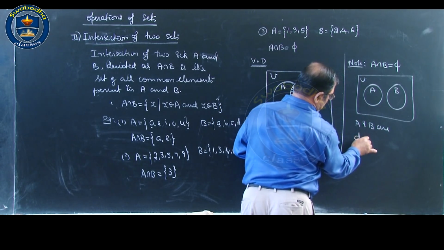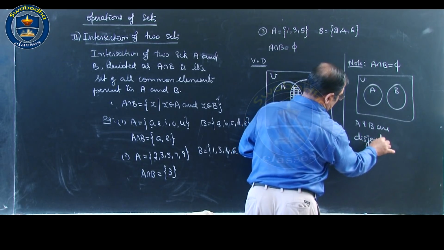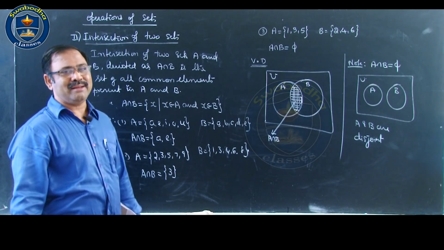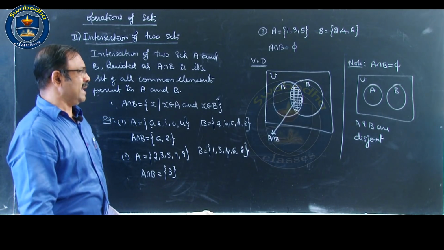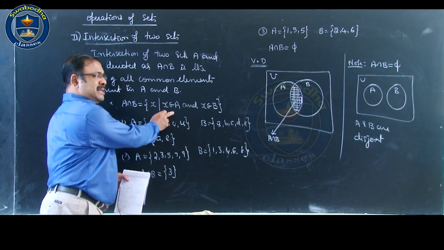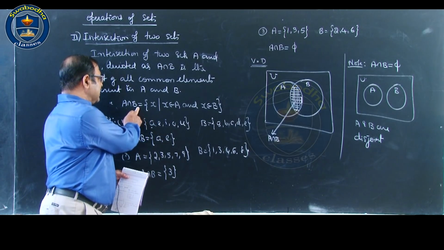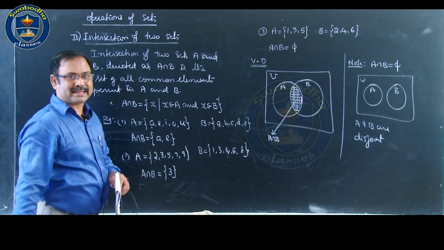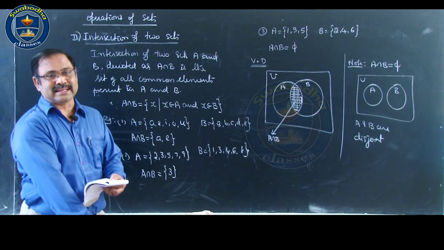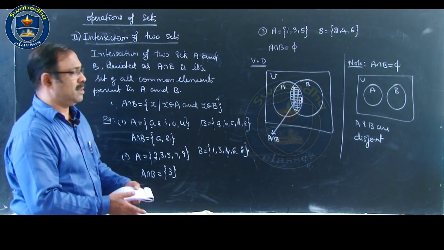When two sets are disjoint, their intersection is the null set. Okay? So, what do you mean by A intersection B? Please remember this equation: A intersection B is the set of all x such that x belongs to A and x belongs to B. Follow this?